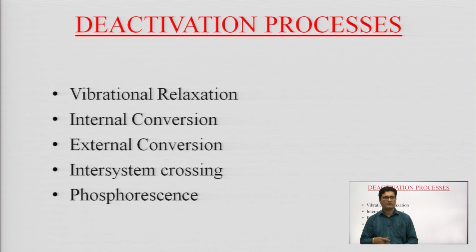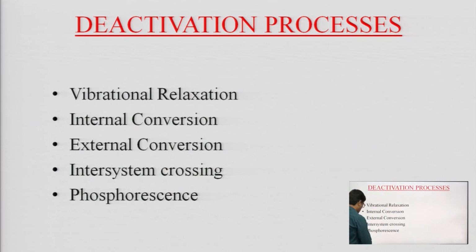So, deactivation processes can be vibrational relaxation, internal conversion, external conversion, intersystem crossing, or you may also say phosphorescence. Phosphorescence is also another phenomenon that has emission. In fact, you can write here the fluorescence also.